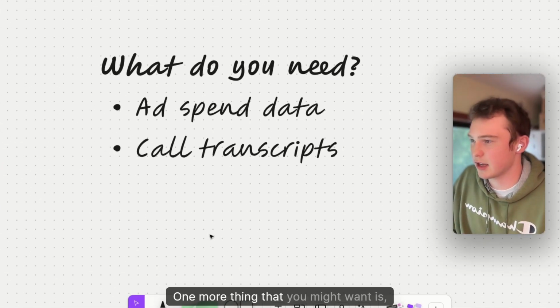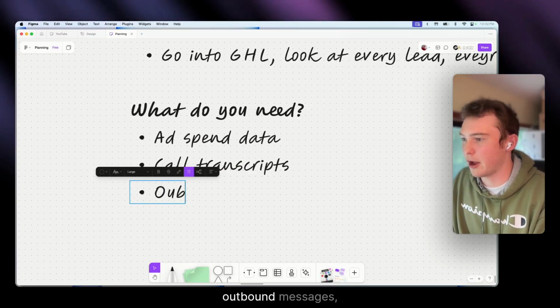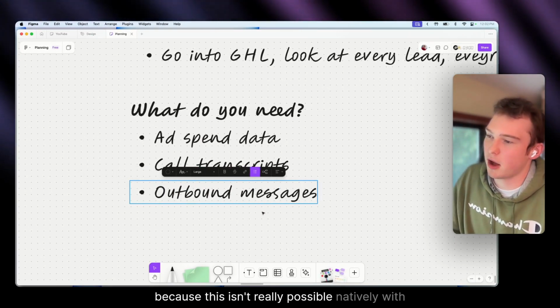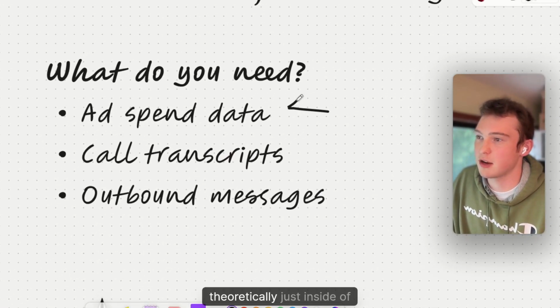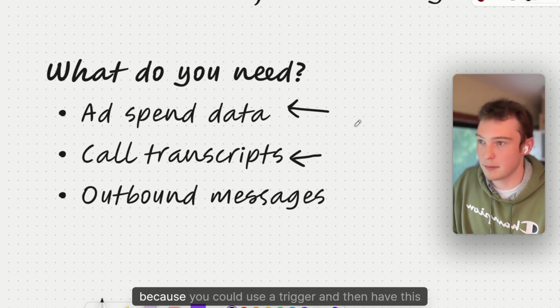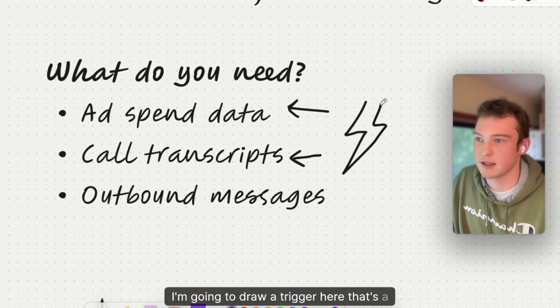One more thing that you might want is message data, so outbound messages, because this isn't really possible natively with HighLevel. Both of these things you could do theoretically just inside of HighLevel, because you could use a trigger. I'm going to draw a trigger here. That's a lightning bolt.